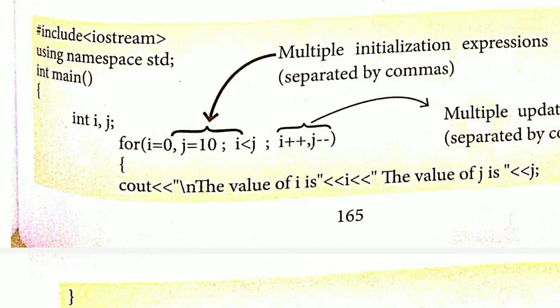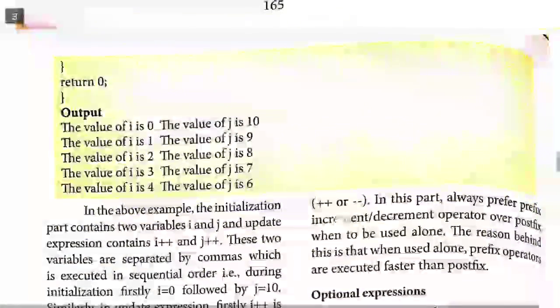Here j is equal to 10 and i is less than j, with multiple update statements. Multiple initialization expressions are separated by commas, and multiple update statements are separated by commas. These are all the things that we can provide.